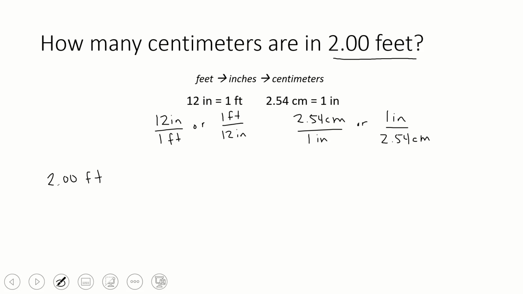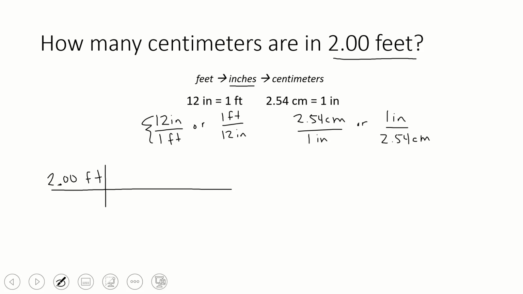And I'm going to abbreviate feet FT. From there, I want to get to inches, so I'll use the conversion factor that relates feet and inches. So I know it's going to be one of these conversion factors.